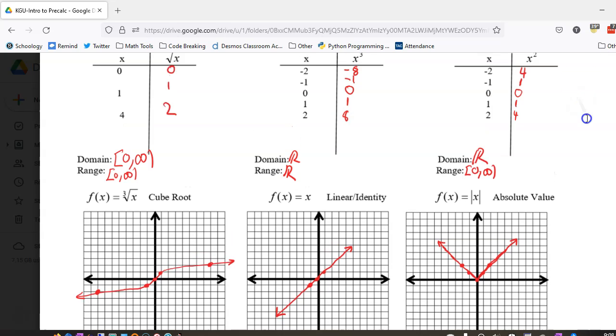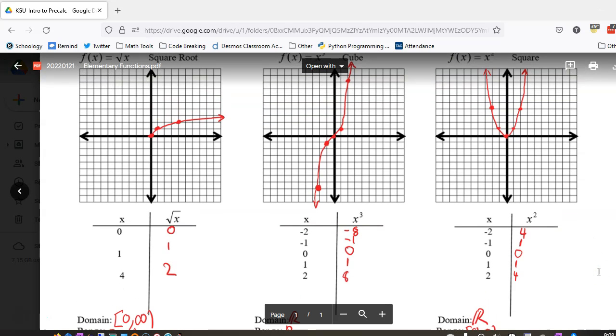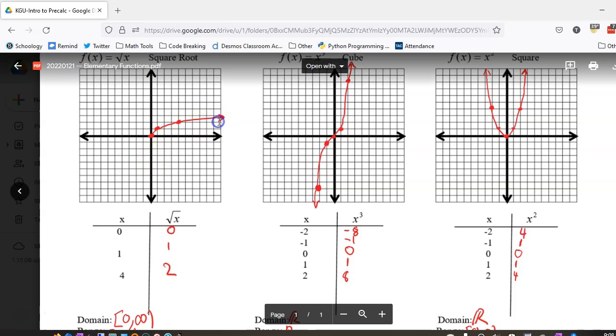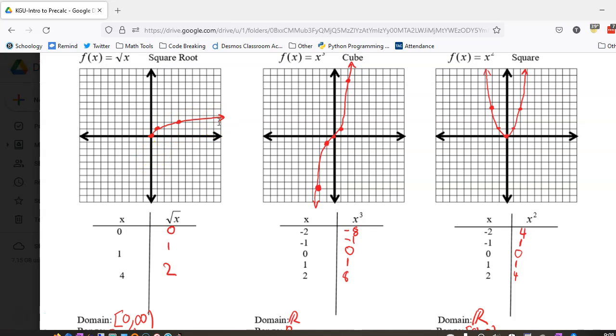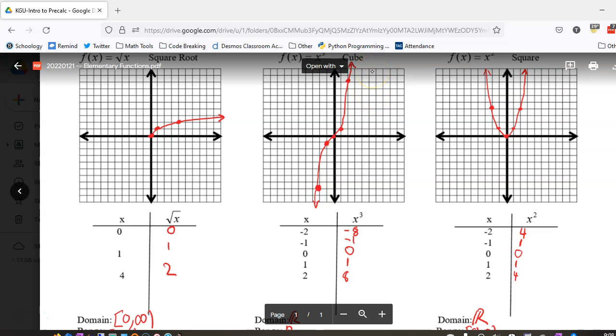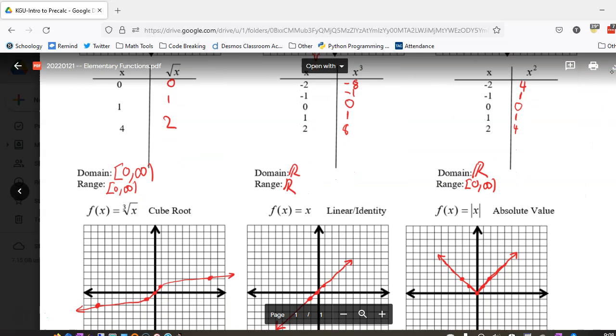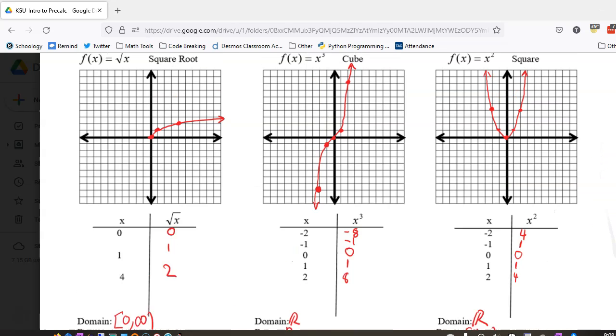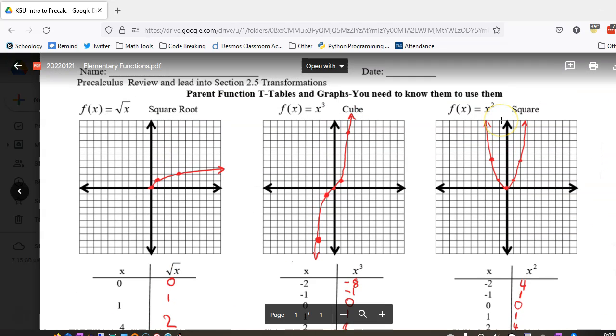If you look at these 6 elementary functions, it should be clear which ones are not one-to-one. Square root is one-to-one. X cubed is one-to-one. Cube root is also one-to-one, and just plain old x is one-to-one. The 2 functions that are not one-to-one are absolute value and x squared.